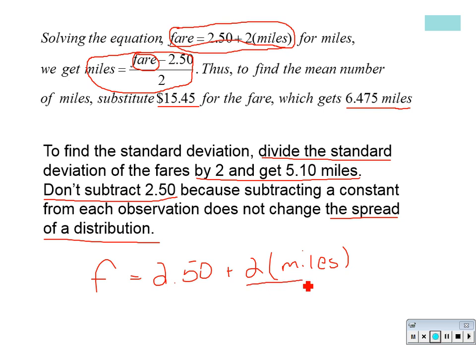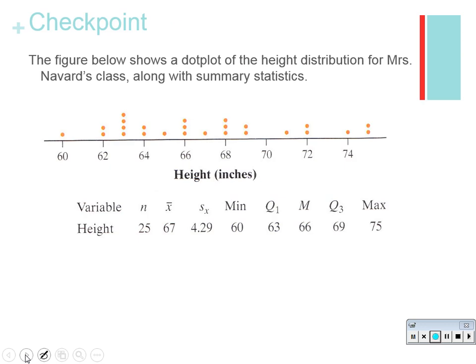When I'm converting from dollars to miles in this case, because only the spread is affected by multiplying, this is the only part of that conversion that I'm working with as far as the equation goes. This plus 2.50 does not factor into transforming the data when we're talking about spread, because spread doesn't change when you add and subtract.